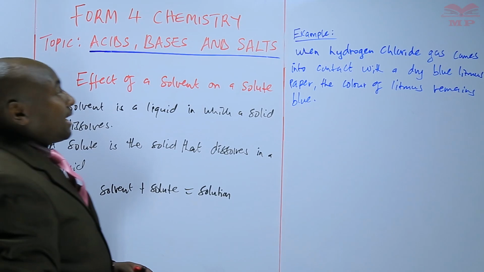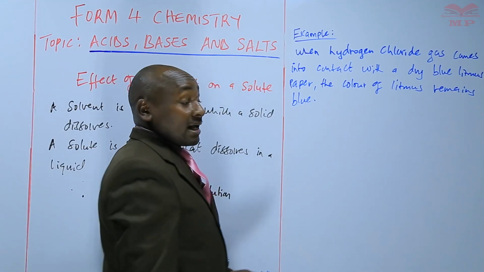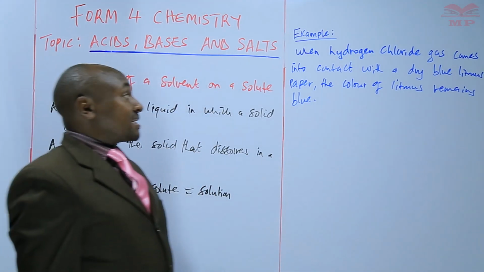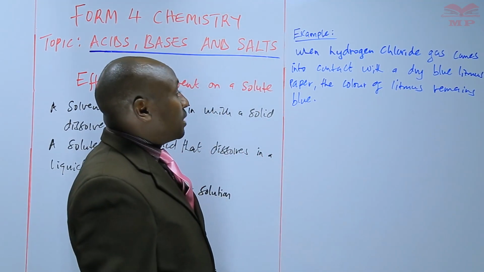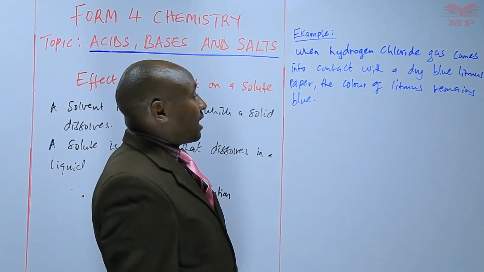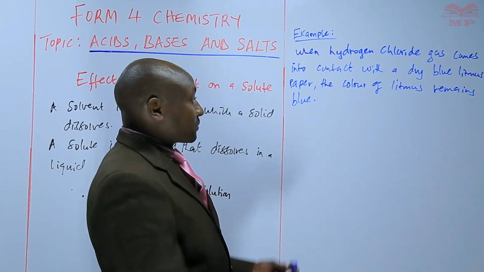So when hydrogen chloride gas, a gas that we know very well is very acidic, comes into contact with a dry blue litmus paper, the color of the litmus remains blue.